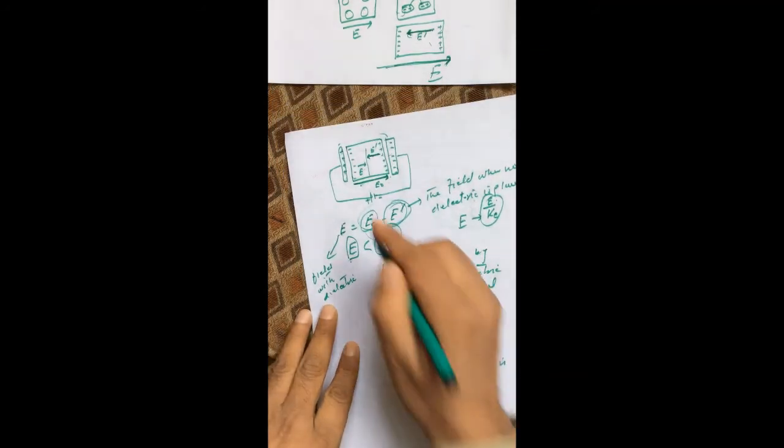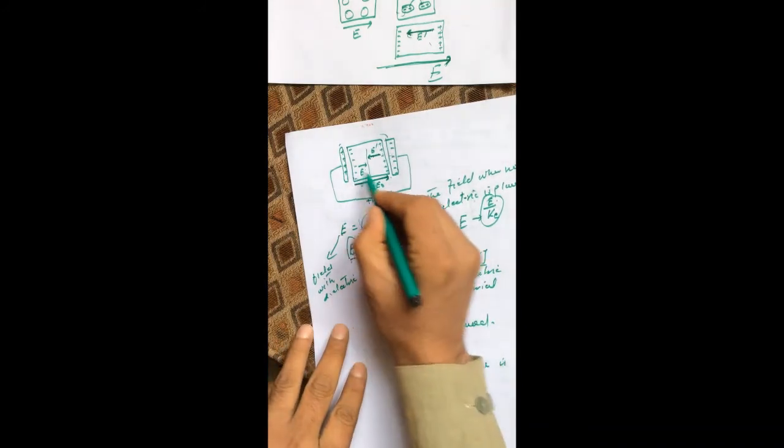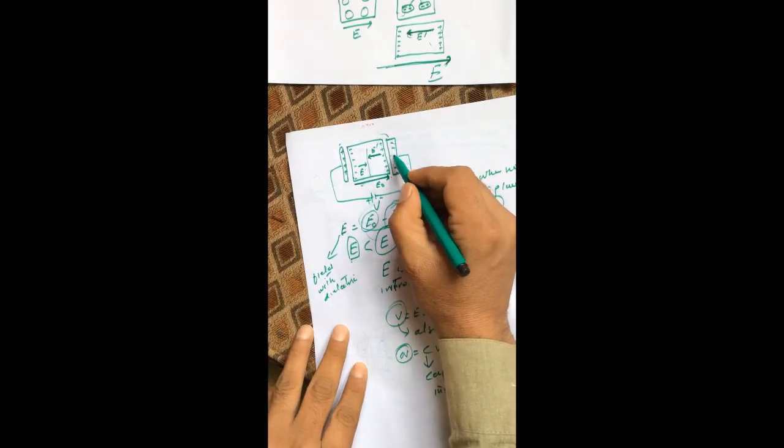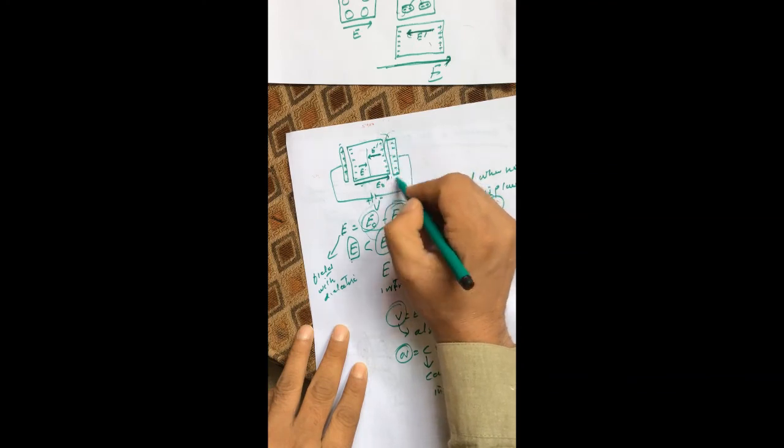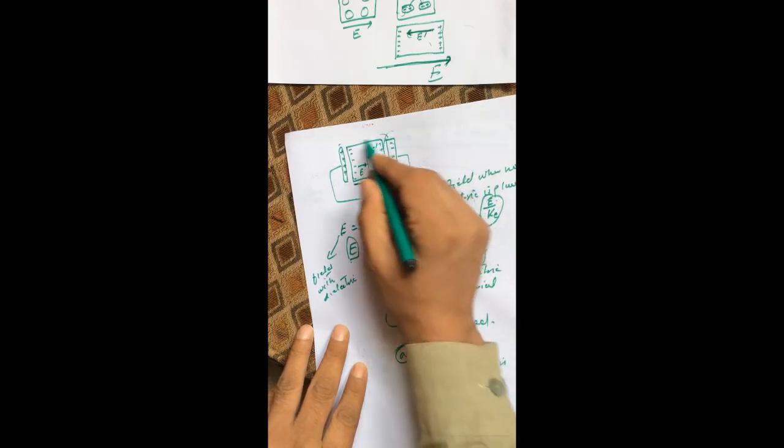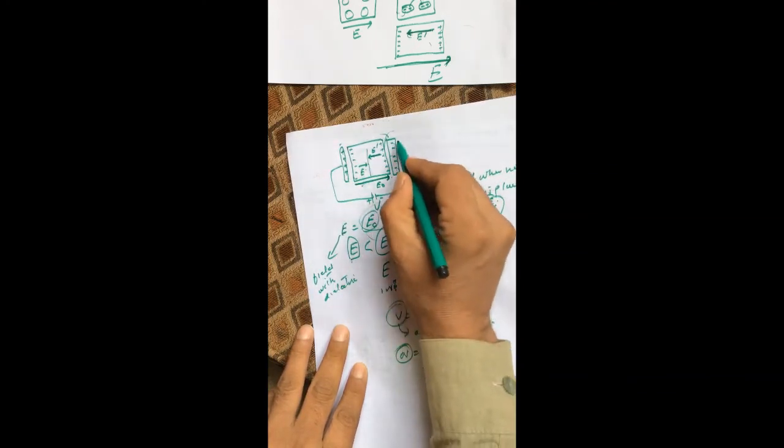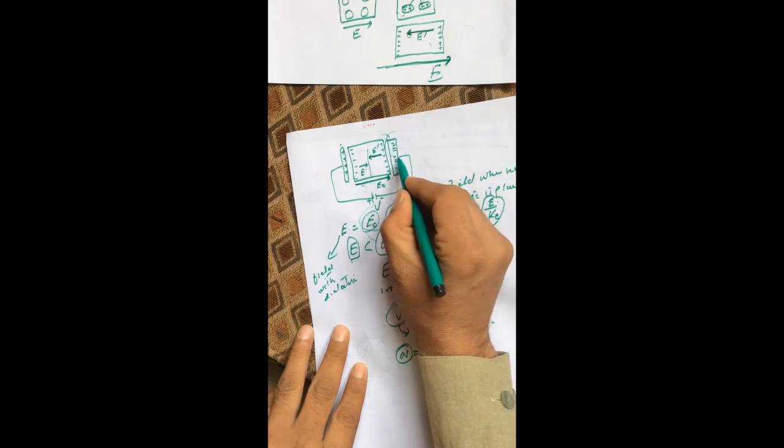So with the same potential, if there are, let's suppose, 5 charges without dielectric, then once inserting the dielectric, we can store 5 more.